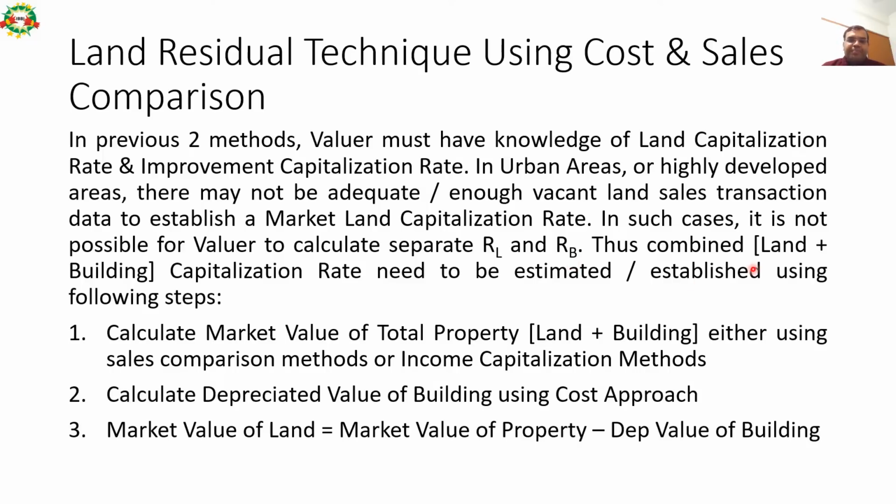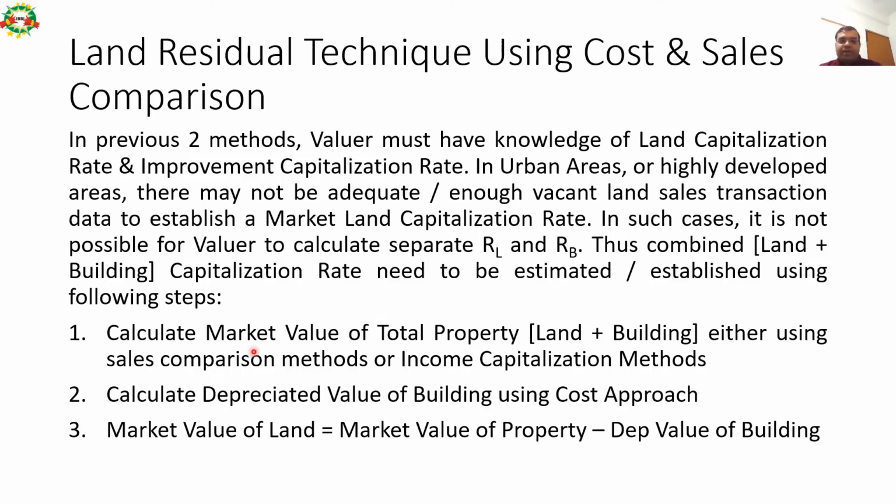Thus combined land and building capitalization rate needs to be estimated and established using the following steps. If we do not get vacant land, then we can estimate or justify the combined capitalization rate for the combined structure, land plus building, through the following steps.